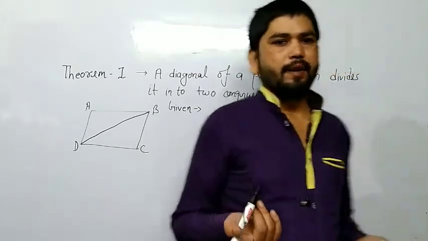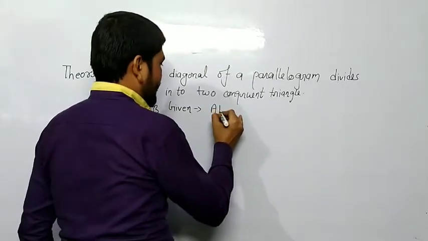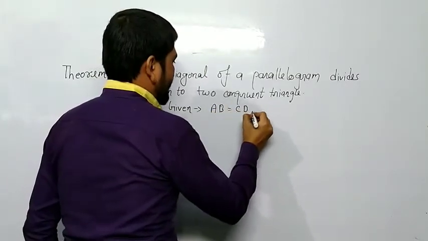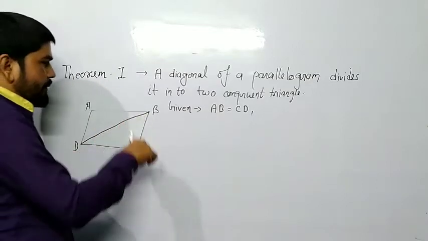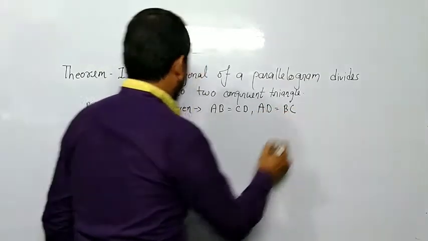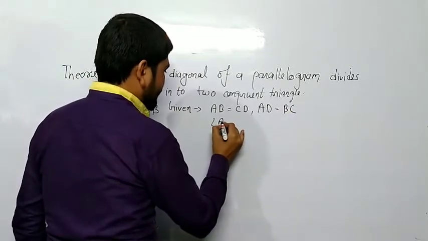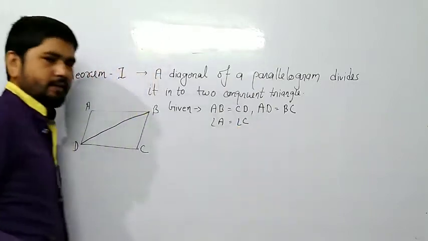These properties you know. So we'll write here AB is equal to CD and AD is equal to BC, because these are the opposite sides, and opposite angles are also equal. The angle A is equal to angle C. Any problem, guys? No problem.